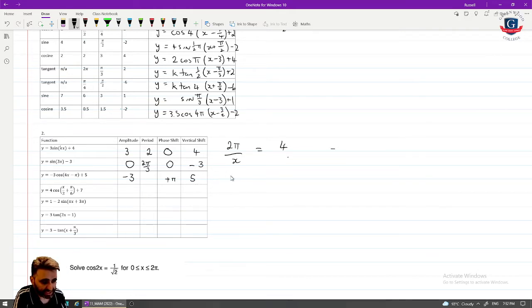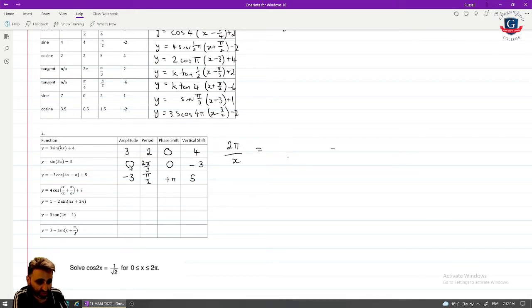So 2 pi equals 4x, x equals 2 pi on 4, which is pi on 2. Yep, which is right. That's a much better way of doing it. Okay. So what have we got this time? We've got an amplitude of 4.